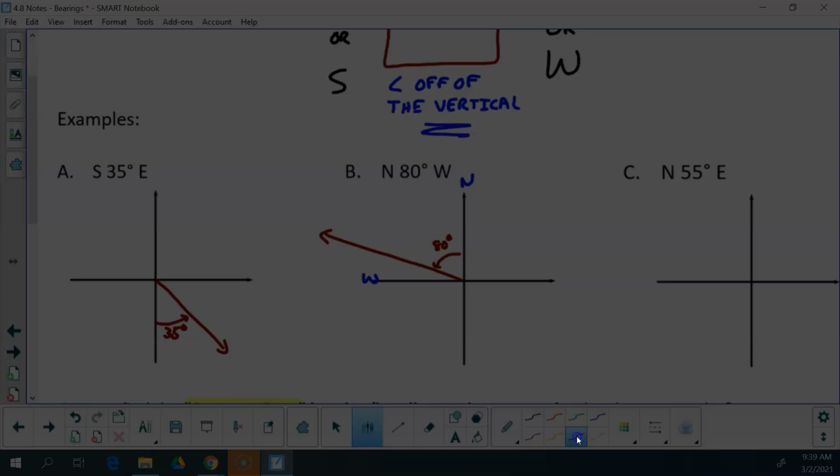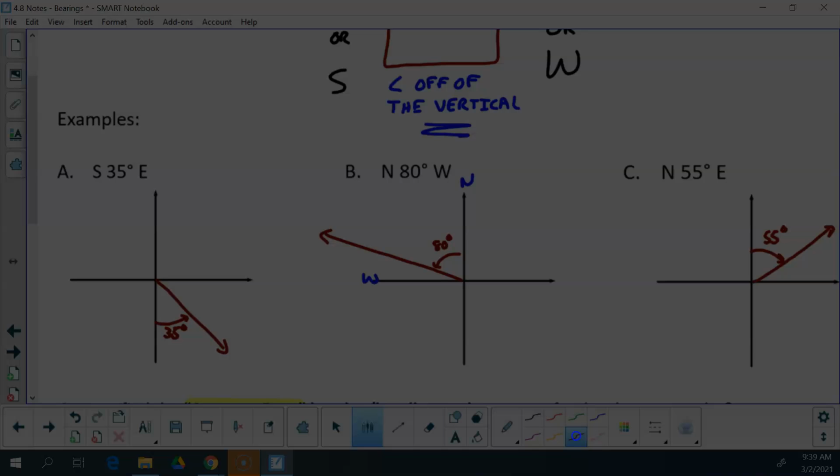North 55 degrees east would put me over here, with that being a 55 degree angle there. Agree?